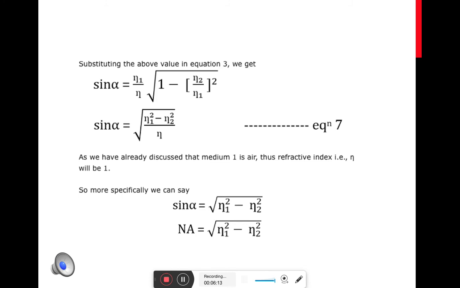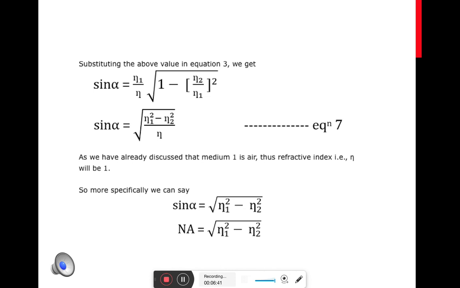We get sine alpha is equal to n1 by n root of 1 minus n2 square by n1 square. Rearranging this, sine alpha is equal to root of n1 square minus n2 square by n. Here n is the refractive index of air, which is 1. So we substitute n equal to 1. Hence sine alpha is equal to root of n1 square minus n2 square. This is called the numerical aperture.